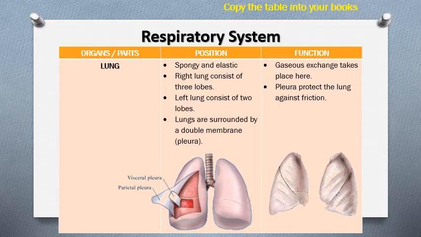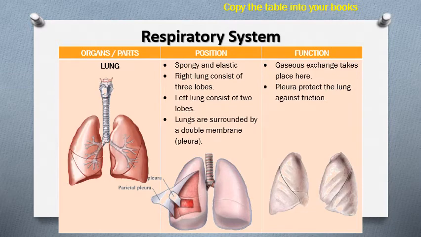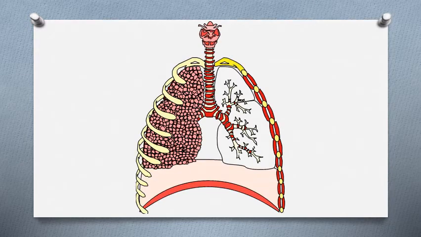Okay, guys, we're going to move on to the structures that enable respiration to take place, and then we'll do a little bit of gaseous exchange today. Okay, so you can see at the bottom of the picture, there's this red kind of dome-shaped structure. That is called the diaphragm. We're going to speak about how the diaphragm allows for inhalation and exhalation to take place, in other words, the breathing mechanism.